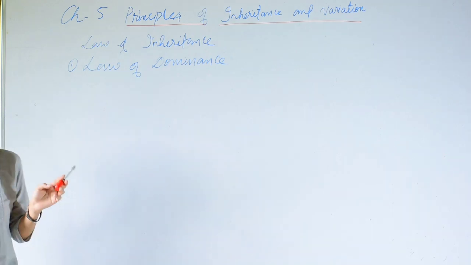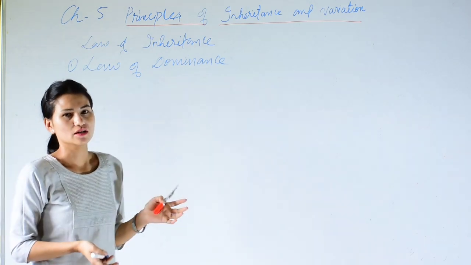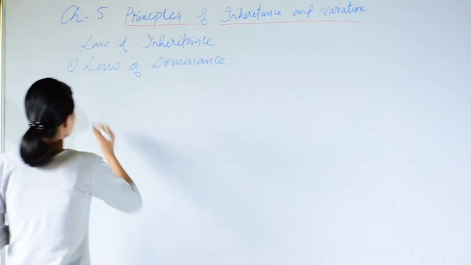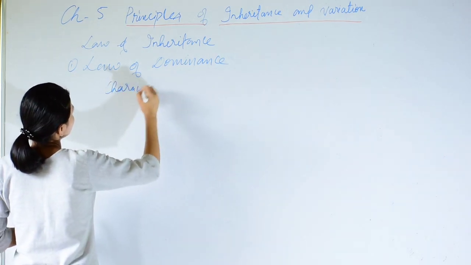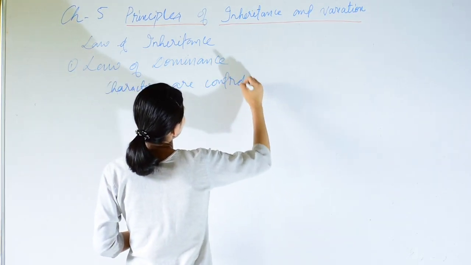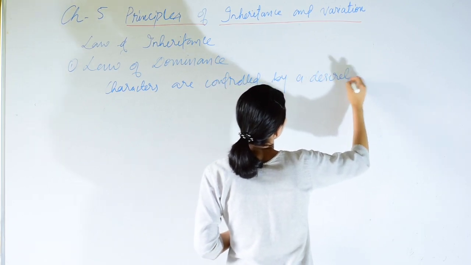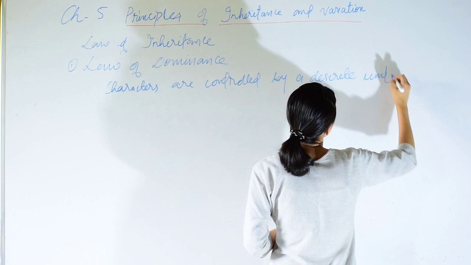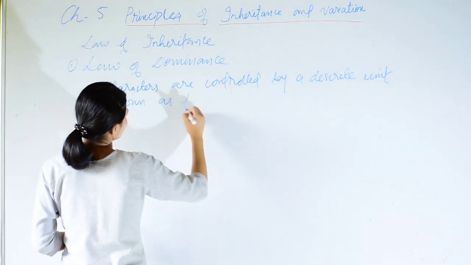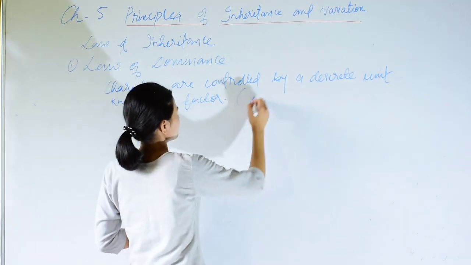In the law of dominance, according to Mendel, the characters are controlled by a discrete unit known as factor. Factor is nothing but a gene.